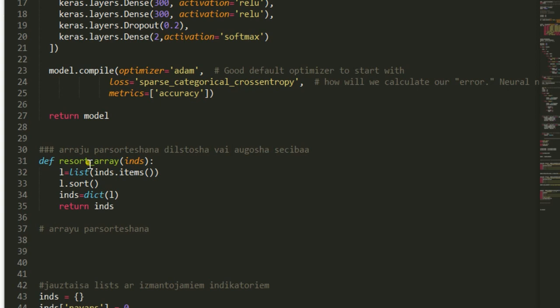We will be using another function which sorts the array, in this case a dictionary in Python, in ascending order. Basically we have all the indicators set up and then just sort them, because TensorFlow uses a NumPy matrix type of array or indexing system, however it's called.